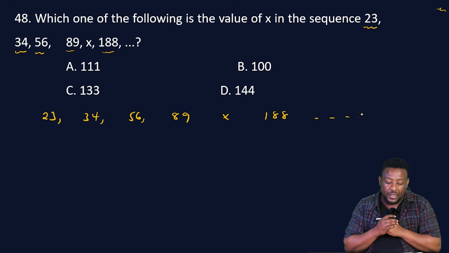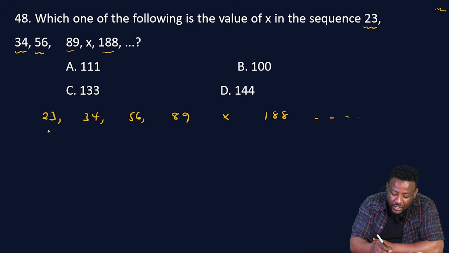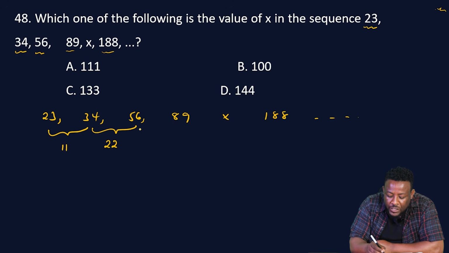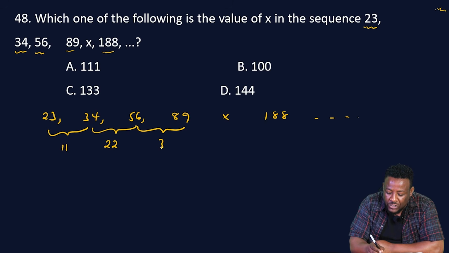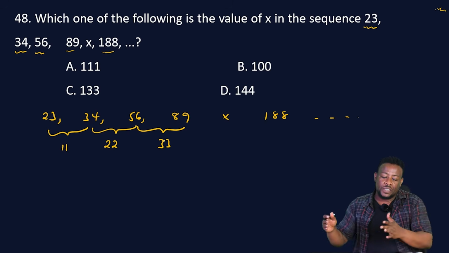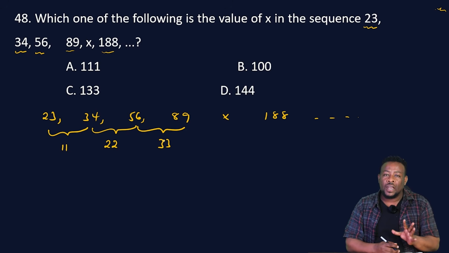Okay, let's take the difference between the first term and the second term. Okay የዚህን difference ብንወስድ it's 11 and the difference between the second and the third is 22, the difference between the third and the fourth is 33, as you can check. Okay ይሄን ዲፈረንስ እየሰራን ስንሄድ ሌላ ራሱን የቻለ ሲኩዌንስ እናገኛለን.